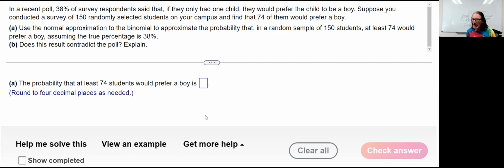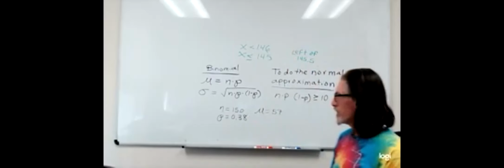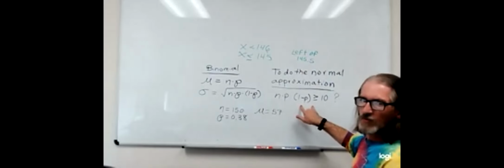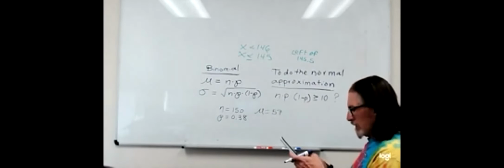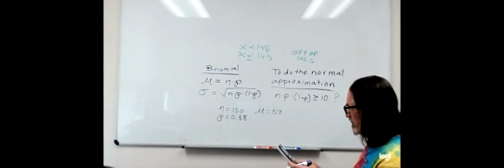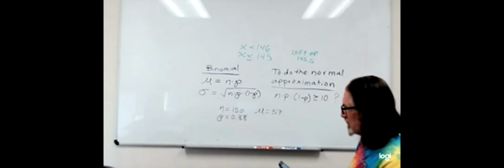150 times 0.38 would give us a mean of 57. And before we're going too far, we want to see if this condition holds true. So we would multiply that by the probability of failure, 1 minus p, that should be 0.62.